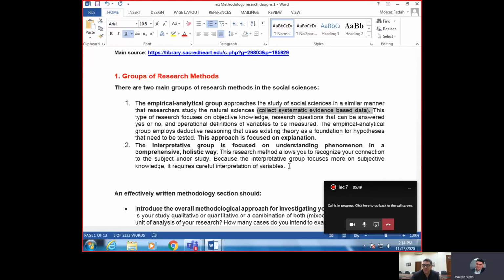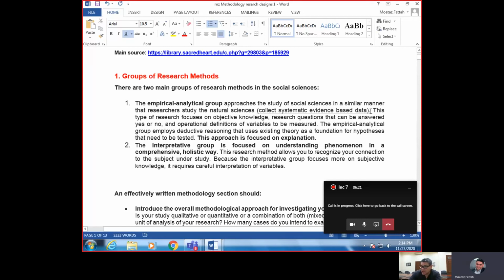This can be what we'll be calling later the interpretive group of approaches. Okay, we need to be systematic so other researchers can find somehow the same evidence, and it would be observable in a way that others can relate to and can collect data, ending up with the same result.